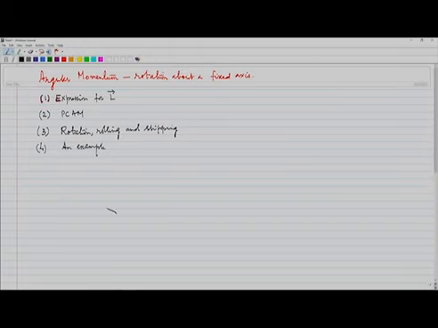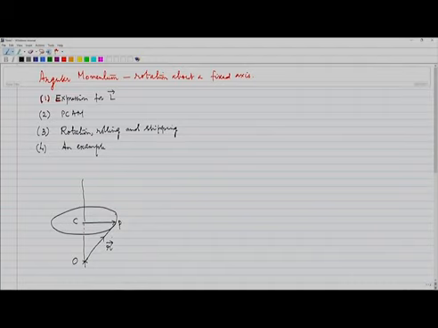So I have here a diagram. When a rigid body is rotating, this kind of diagram we have seen, and this is the center, this is the radius vector, with reference to a suitable origin O. This is the point P, the OP vector is what we call the position vector R, and the particle is going around like this, so I can indicate it by this arrow.